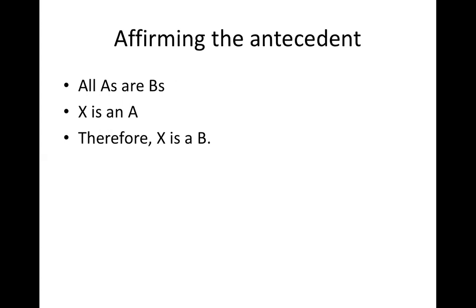Okay, so let's look at an argument that affirms the antecedent. This is an example of an argument that affirms the antecedent. Now, the major premise: all A's are B's. That's the major premise. The second premise: X is an A. You notice that the second premise is saying something about the antecedent of the major premise.